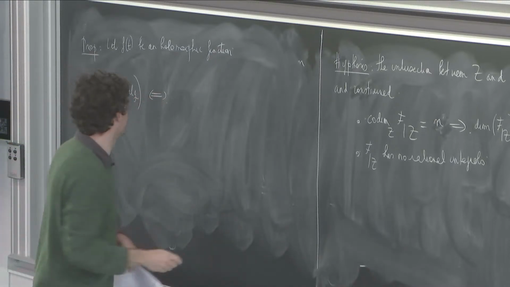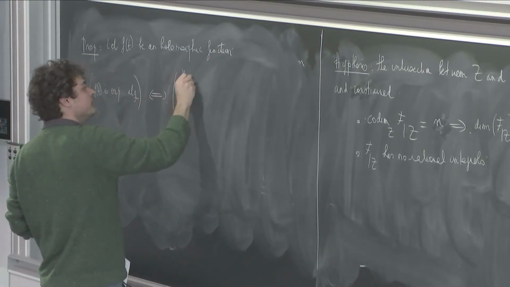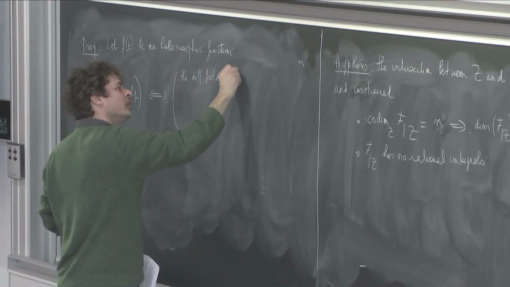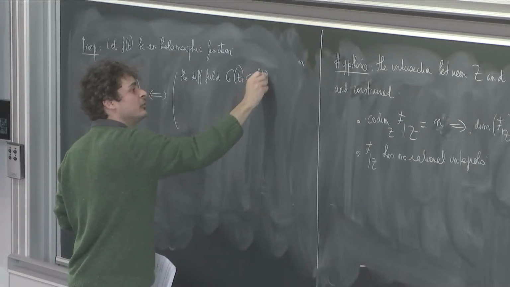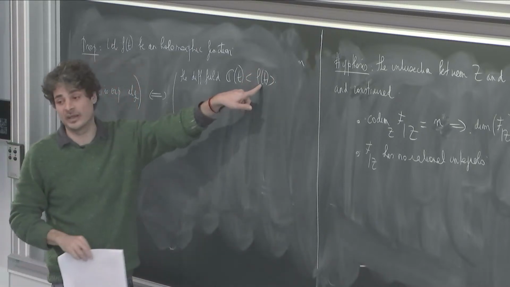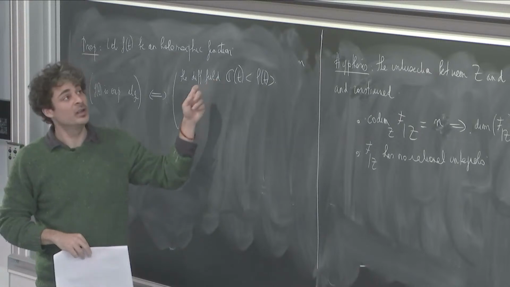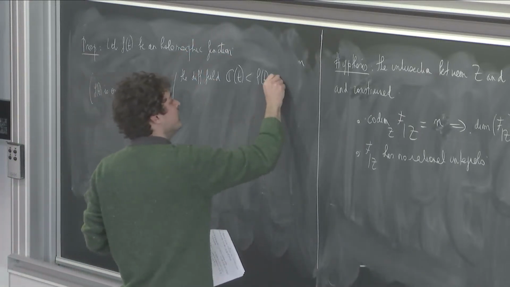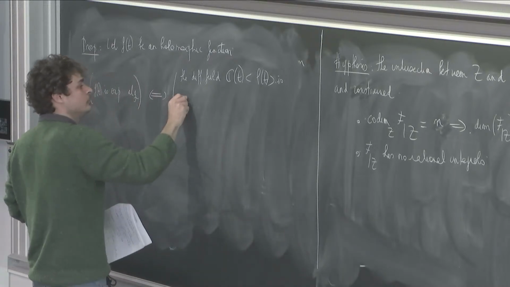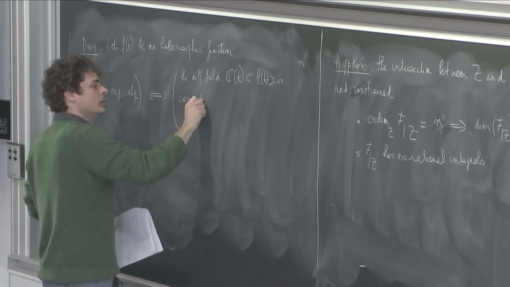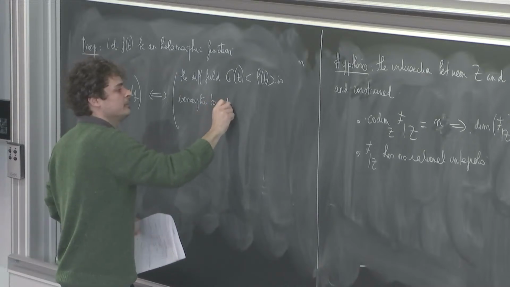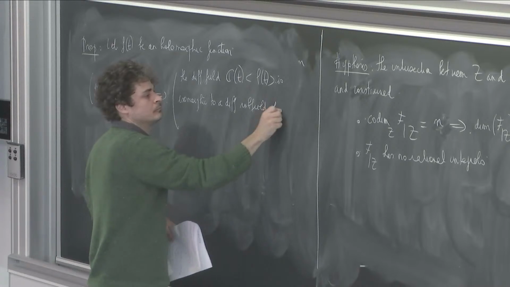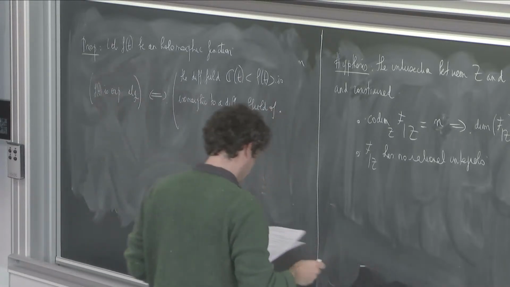It's equivalent to say that the differential field generated by f of t over C of t, this is a notation for the differential field generated, is isomorphic to a differential subfield of a field of this form.